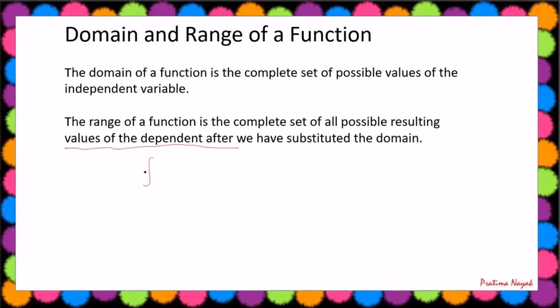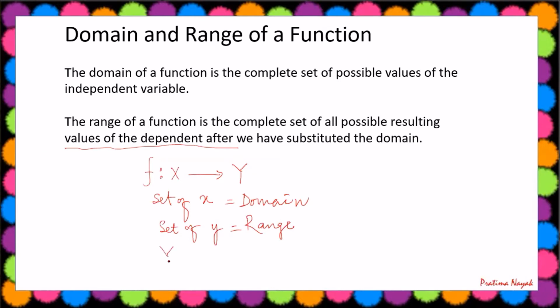Or if I say x to y, that means the set of x is your domain, and the set of y is your range. And what is codomain? Codomain is the second set, the whole capital Y set.